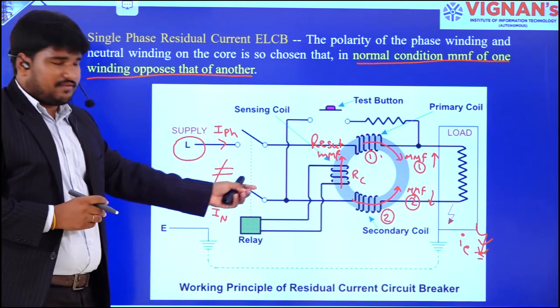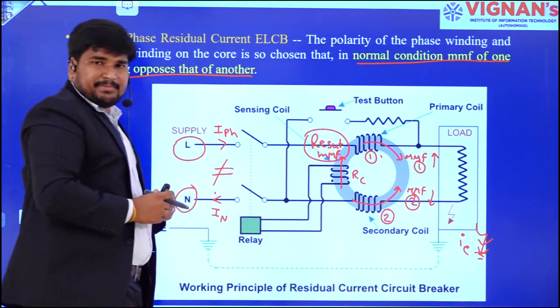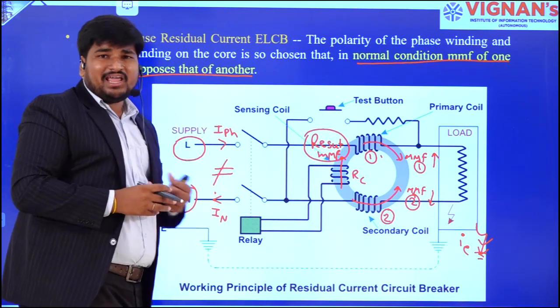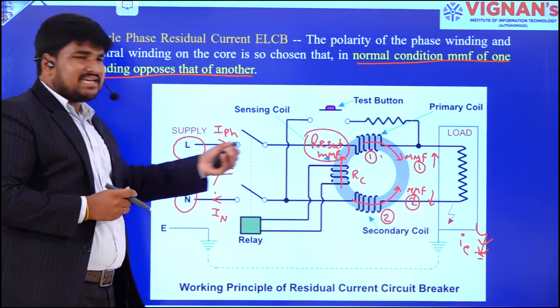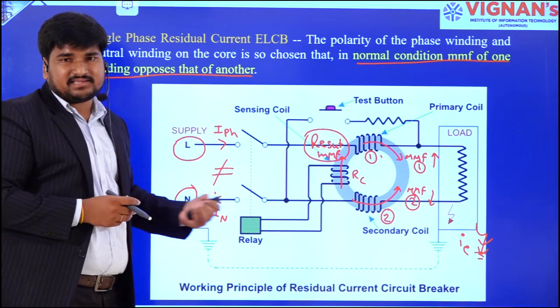Because of this resultant MMF in the relay coil, there is generation of voltage as per Faraday's law.